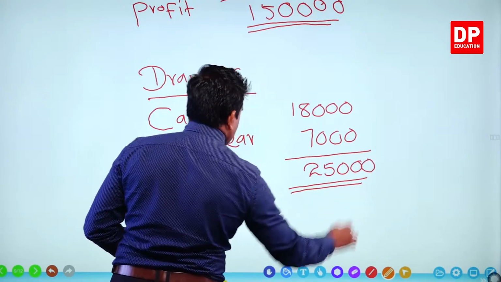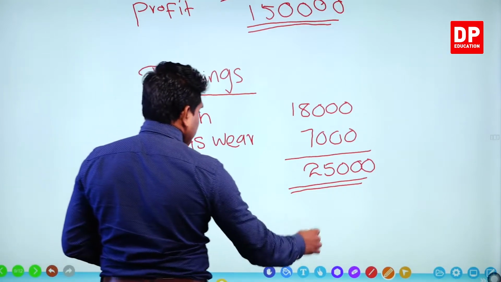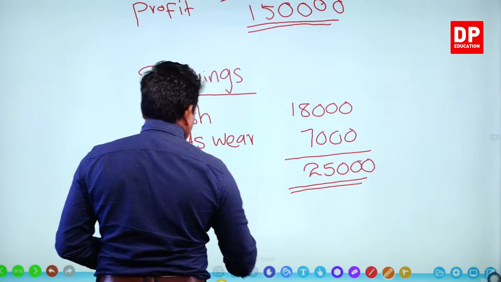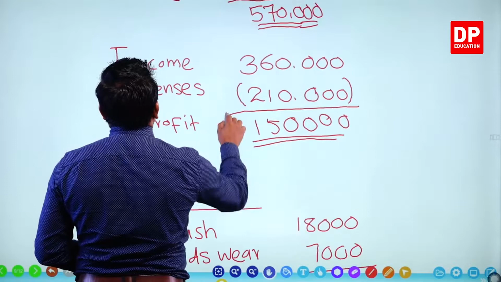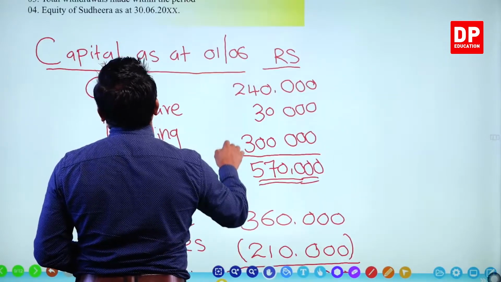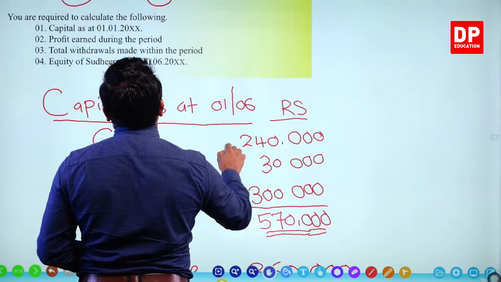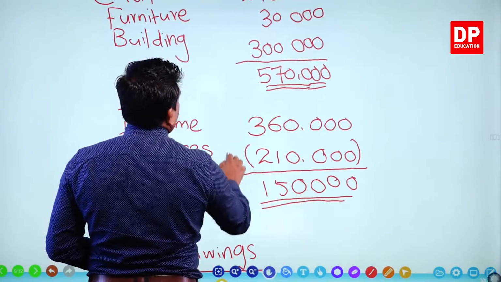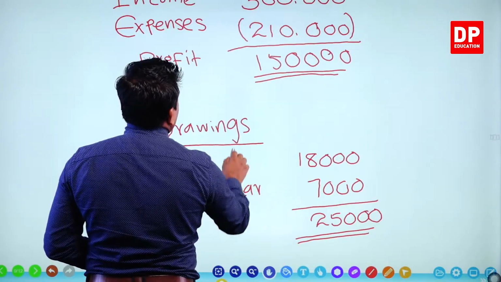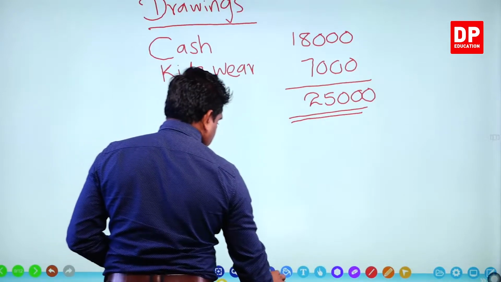What do they finally ask? Finally they ask for the capital as at the end of the period. How do we calculate it? Remember, at the beginning the capital was 570,000.